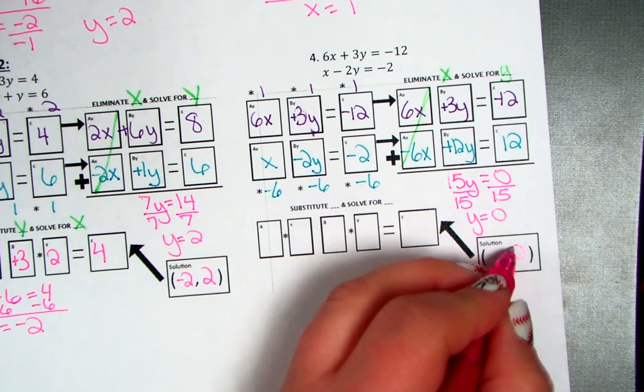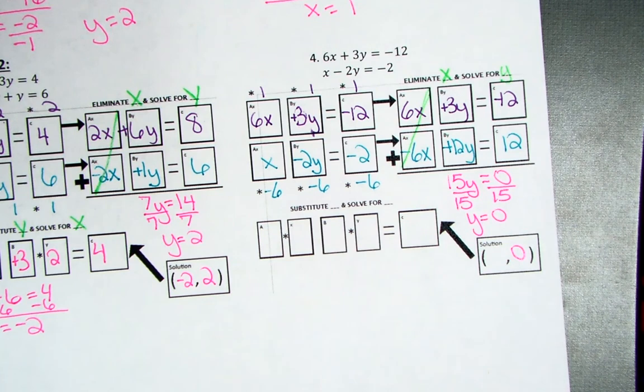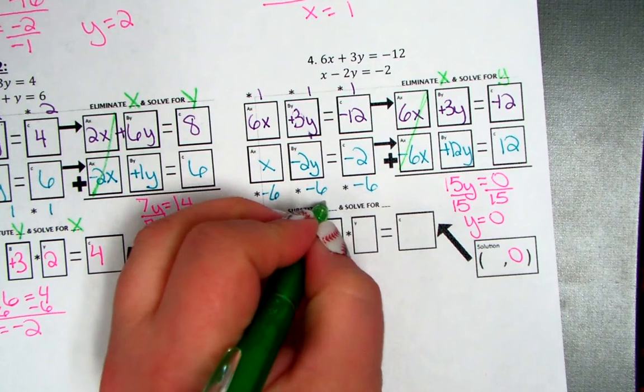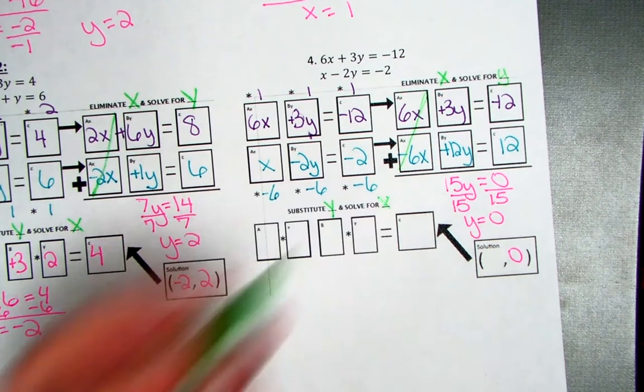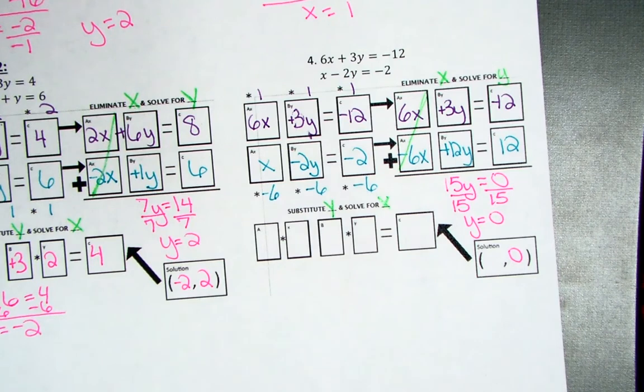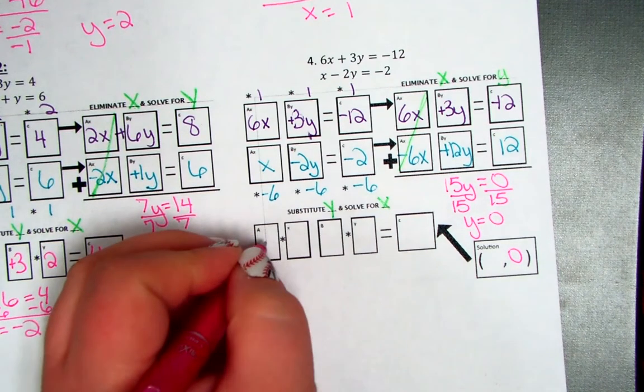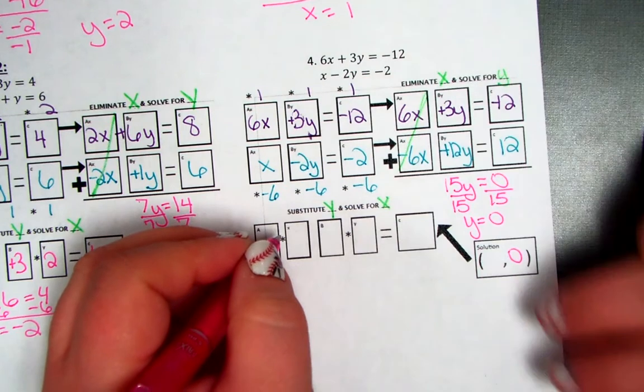That's already part of our solution. And in the next one, we're going to reverse this and substitute our y value that we just got so that we can solve for x. It does not matter which original one you want to use.